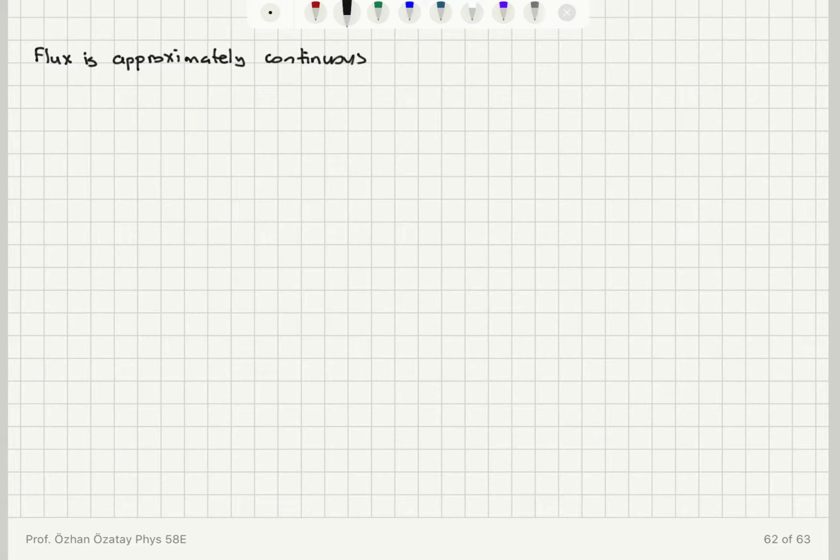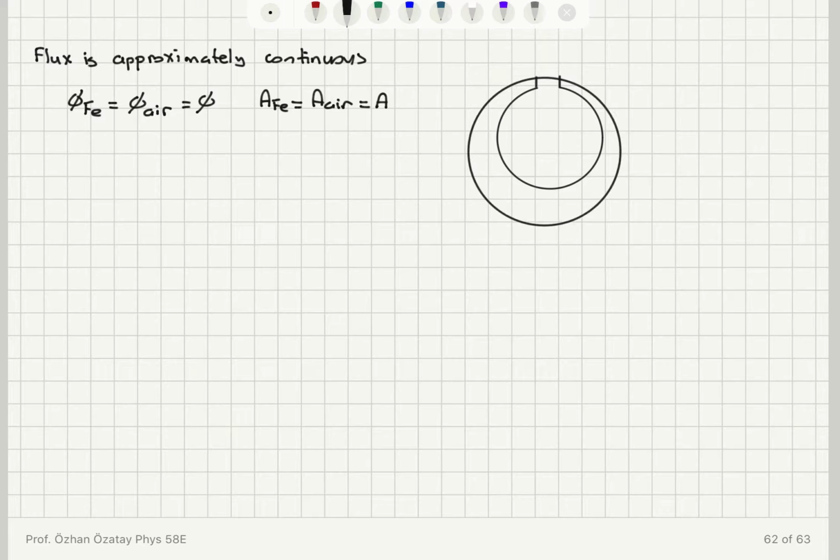So flux is approximately continuous, so we're saying that the flux in the iron should be the same as the flux in the air, which I will call phi, and the areas of the iron and air components are the same, so it's area A. So basically we have opened up some space here in the toroid, and now we have this configuration with the gap opened inside.